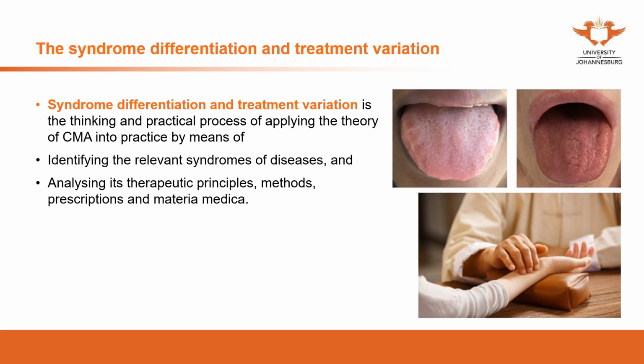So it is a thinking and practical process, useful to identify the relevant syndromes of diseases, analyzing their therapeutic principles, methods, prescriptions, and materia medica. How to do this? You need to apply the Chinese medicine theory.